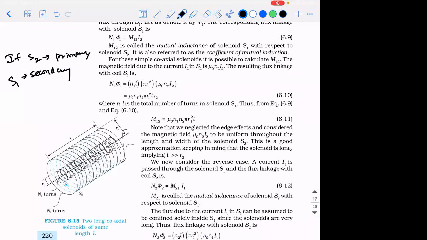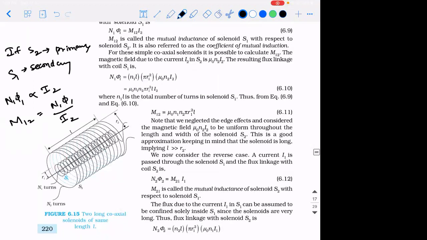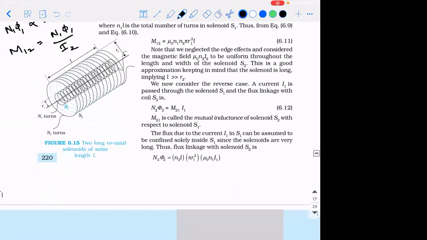I want everybody to be very careful. Now, what will happen? The flux linked with the secondary coil, that is N1 phi 1, is directly proportional to I2. So I will get M12 is equal to N1 phi 1 divided by I2. I have already told this, right?